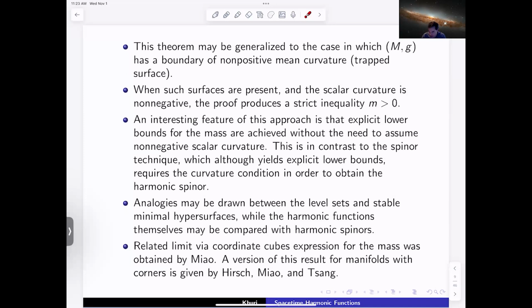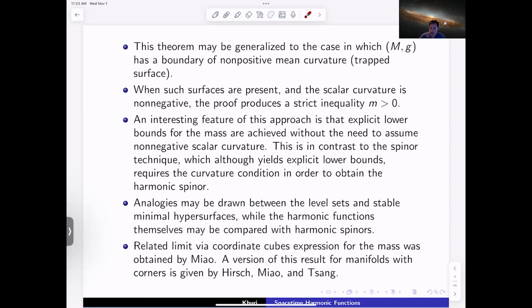And one can draw analogies with this type of proof between stable minimal hypersurfaces, as well as I mentioned the Dirac approach. But for the stable minimal hypersurfaces analogy, well, you have a single hypersurface that is used, but in the case of equality, the level sets of the harmonic function do coincide with the minimal hypersurfaces.